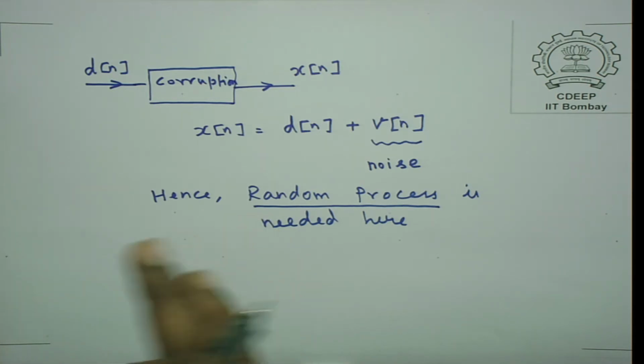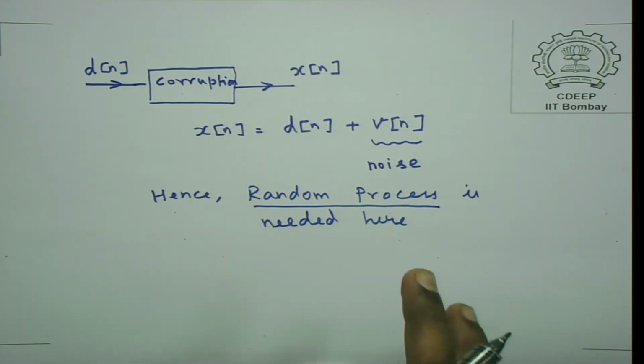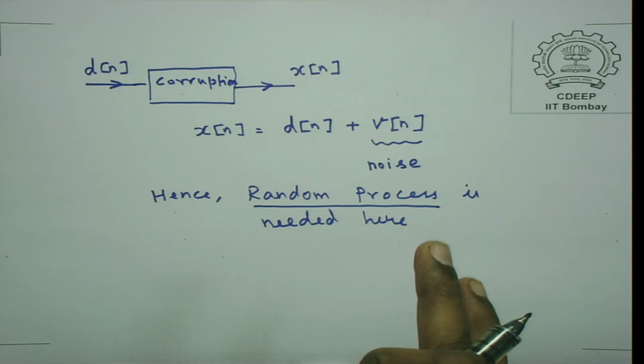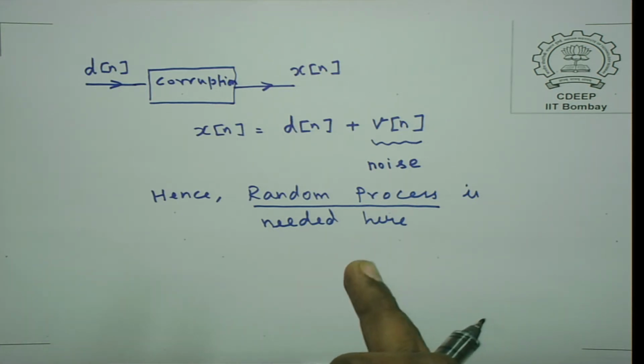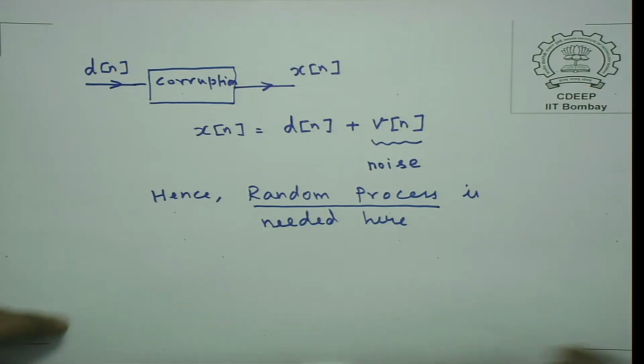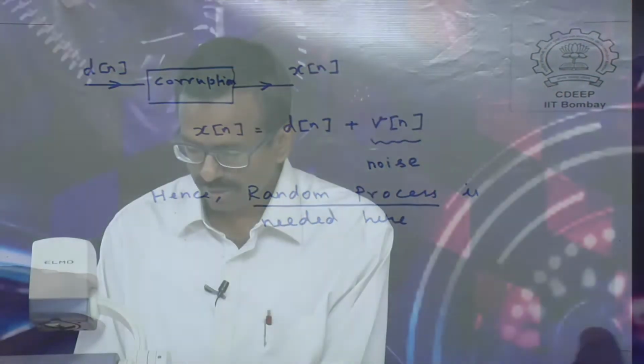We will not do an elaborate study of random process. We will look at things which are relevant to understand these adaptive signal processing better, right? So before going into this random process itself, I'll just briefly say what these random processes refer to and how would we handle them.